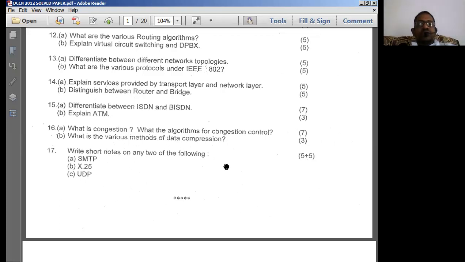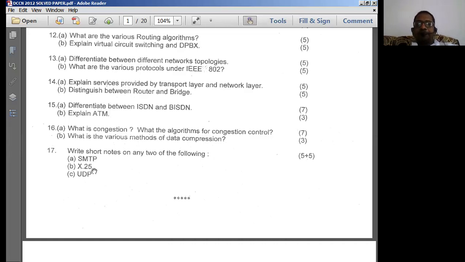Once this question has been asked in the exam: write short notes on any two of the following, like SMTP, X.25 and UDP. What is SMTP? It is simple mail transfer protocol. SMTP is known as simple mail transfer protocol.